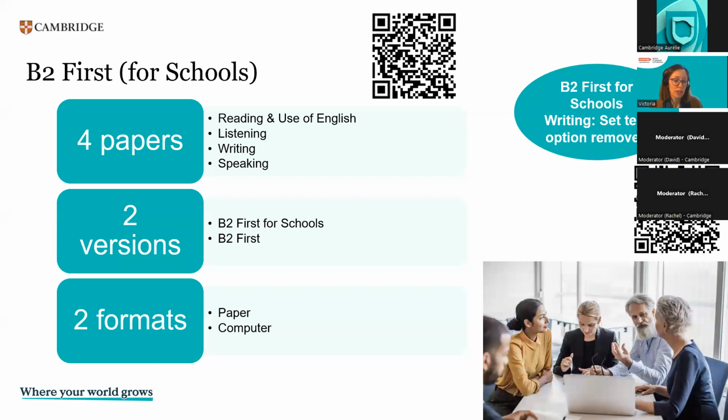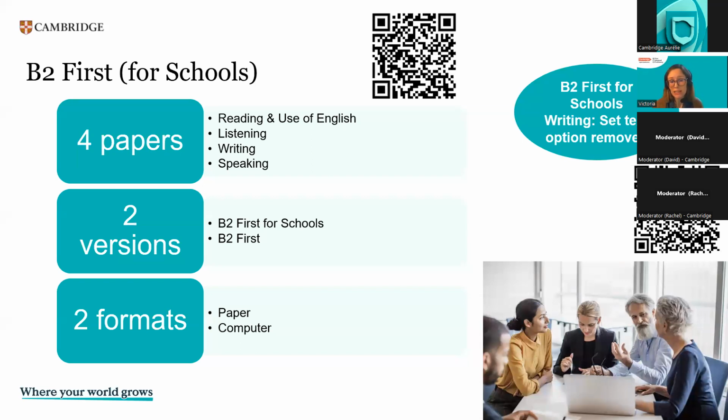But in terms of the level of the exam, it is exactly the same. In terms of the recognition of the exam, it is exactly the same. So it's really depending on maybe your age and then your preference.